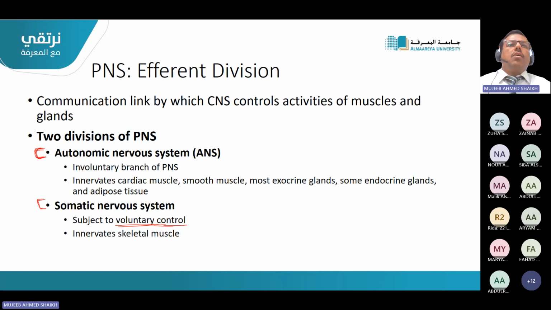Whereas the autonomic nervous system is the involuntary division. Without my will, I cannot control the activity of my heart. I cannot control the activity of my gastrointestinal muscles. Once food enters the gastrointestinal system, it is automatically propelled to the proper destination.